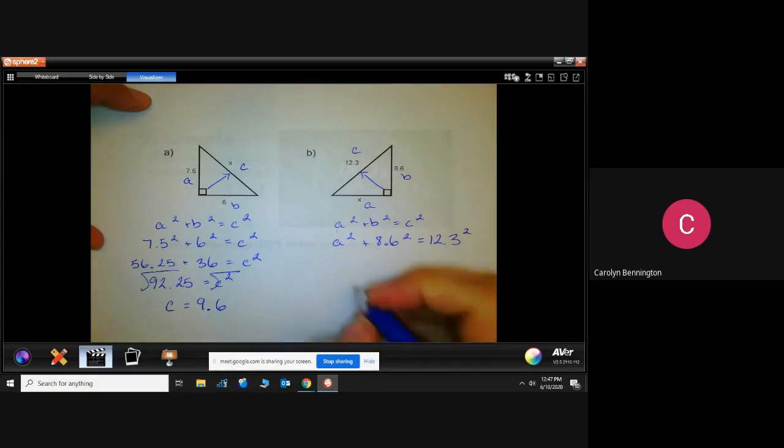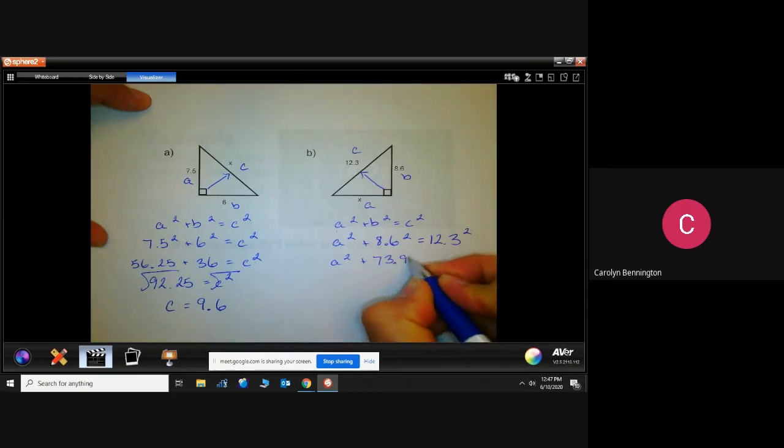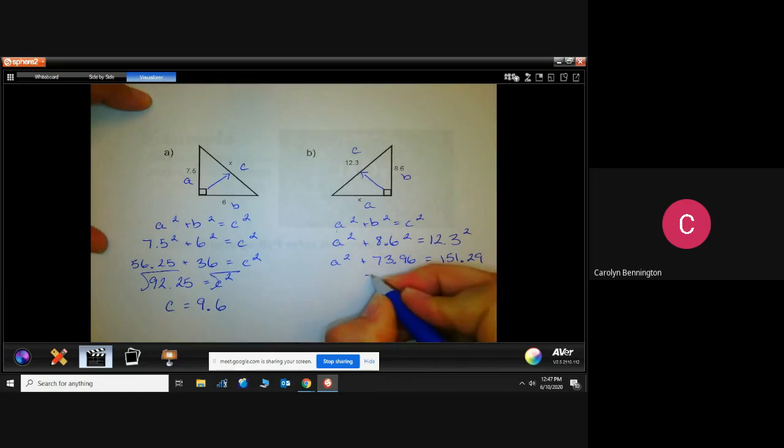So square the values that we know. So 8.6 squared is 73.96. 12.3 squared is 151.29. Now, because our two values are on different sides of the equal sign, we need to subtract the 73.96 so that our A squared is by itself.